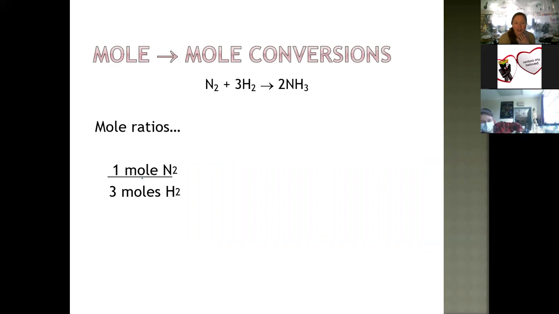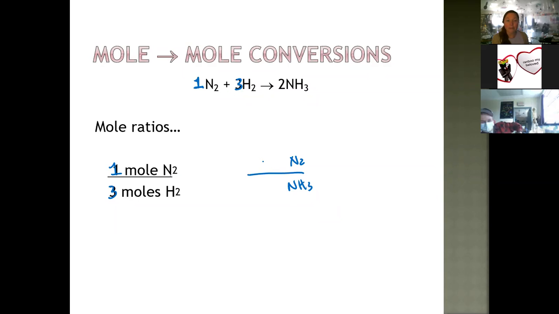So let's say that I've got nitrogen to hydrogen. I want to know what's my ratio of nitrogen to hydrogen. Well, it's 1 to 3. What if I wanted to make a ratio that was nitrogen to ammonia? What numbers would I add to my ratio to have a ratio of nitrogen to ammonia?